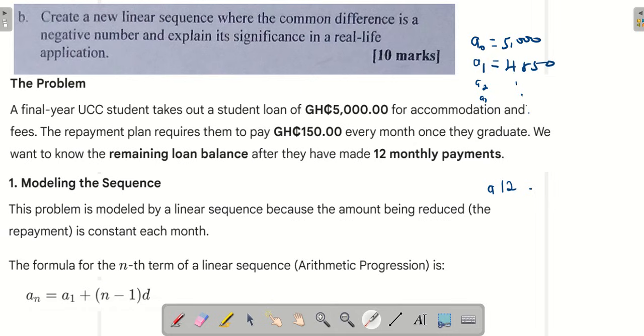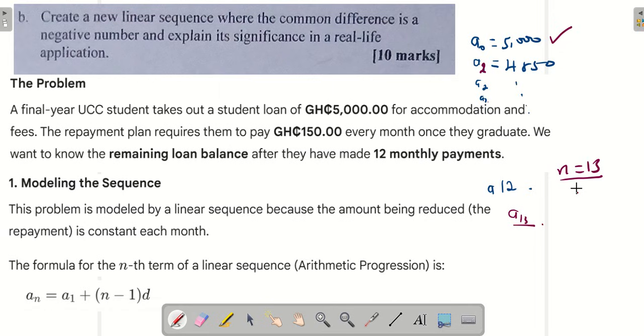So A2 becomes the end of the first year, then A3 becomes the end of the second year, and so in that order. So the end of the 12th year becomes A13. So when you start from this, your n is supposed to be 13, and n equal to 13 means the end of the 12th year.